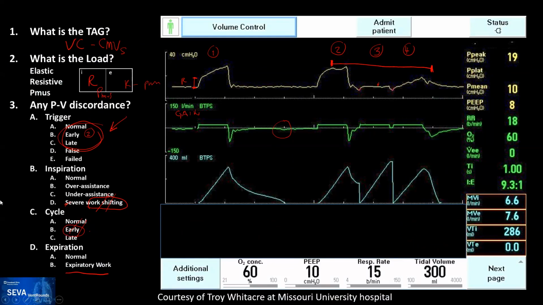Rob, what are your thoughts here? Just to clarify why we call this an early trigger is because on that second breath, you have a machine trigger and then subsequent patient effort or a patient trigger. That's why we call it that. So there's machine and then there's patient.